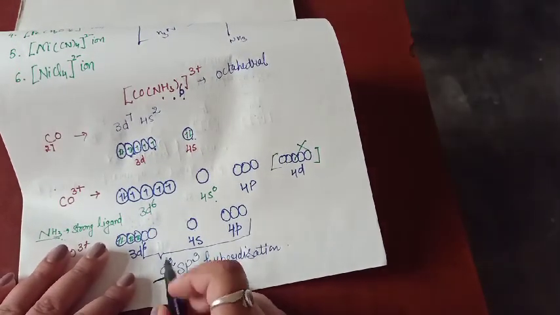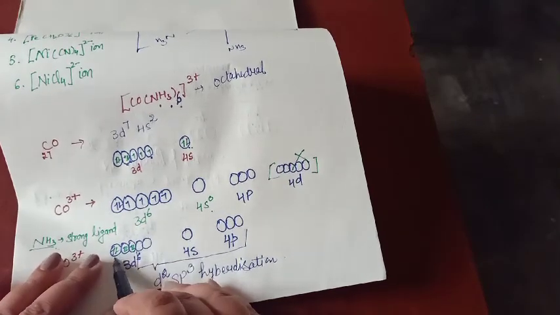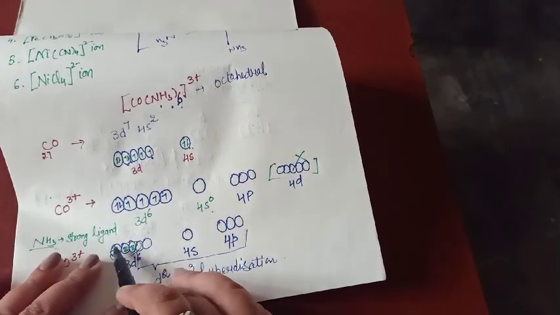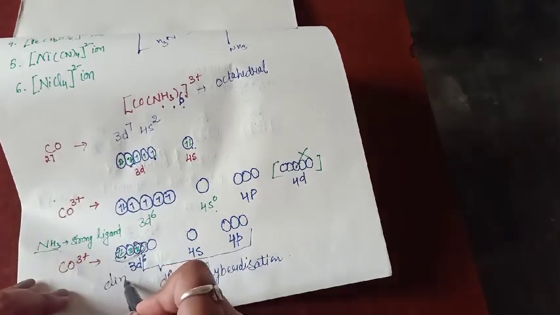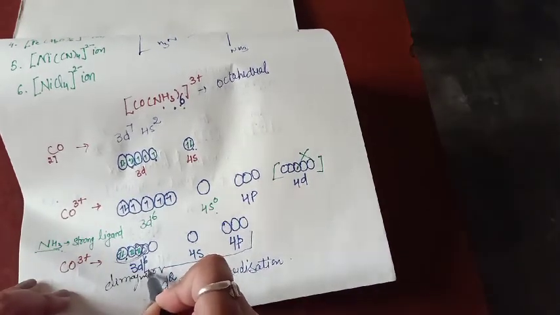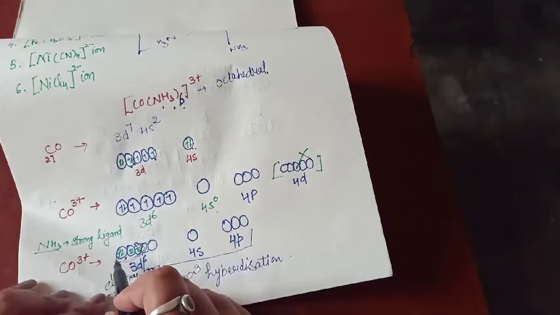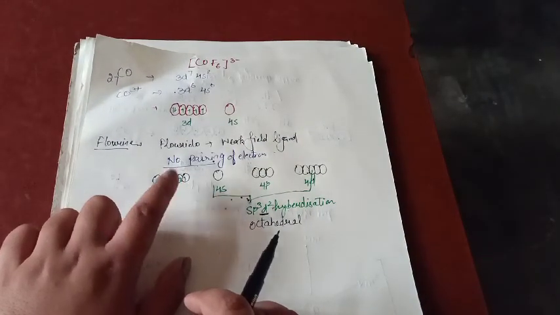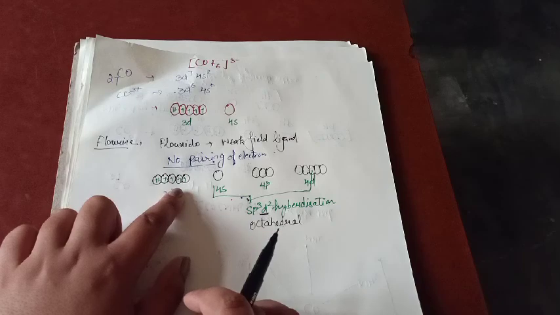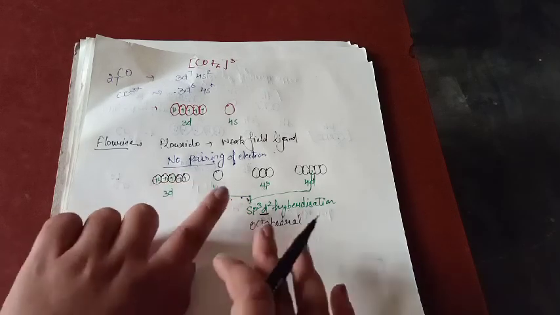One more difference: there the electrons are paired, so the complex is diamagnetic. You have learned even in the d block that diamagnetic means all the electrons are paired. Here the electrons are unpaired, so it will be paramagnetic.